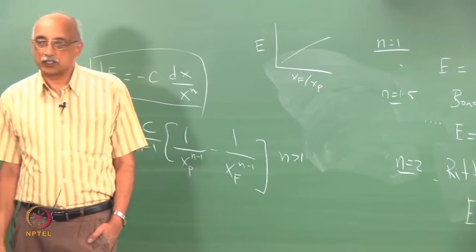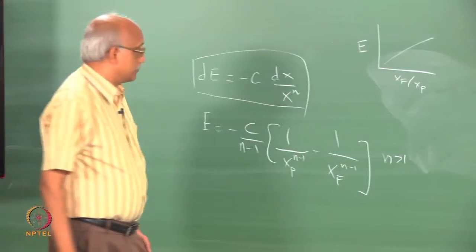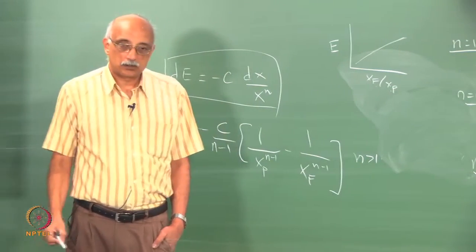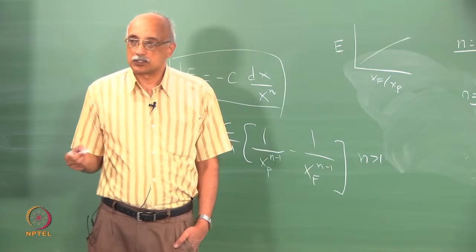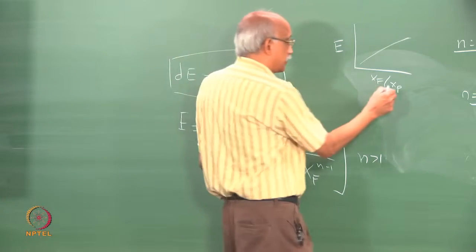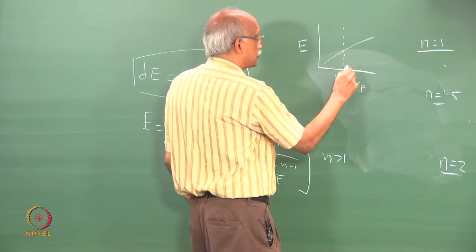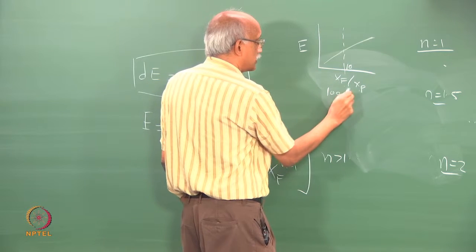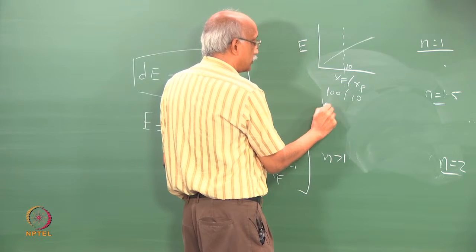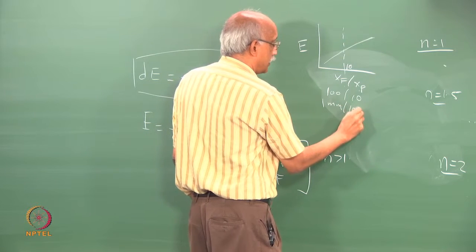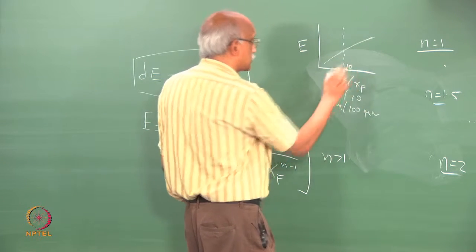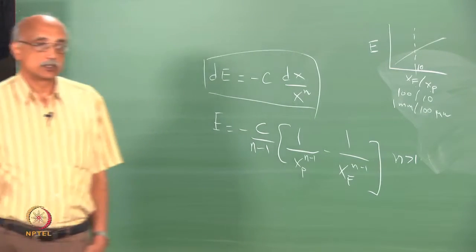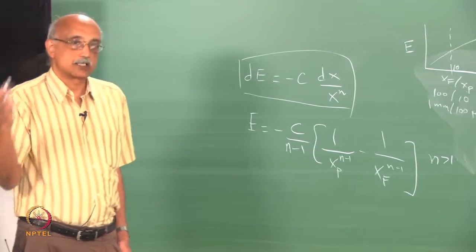The energy that is required to make that happen will keep increasing. But this xf by xp is considered a unique parameter in this equation. Let us say some value of 10, this could represent 100 microns by 10 microns, or it could represent 1 millimeter by 100 micrometer. So, a particular value of xf divided by xp can be achieved by many values of xf and xp.